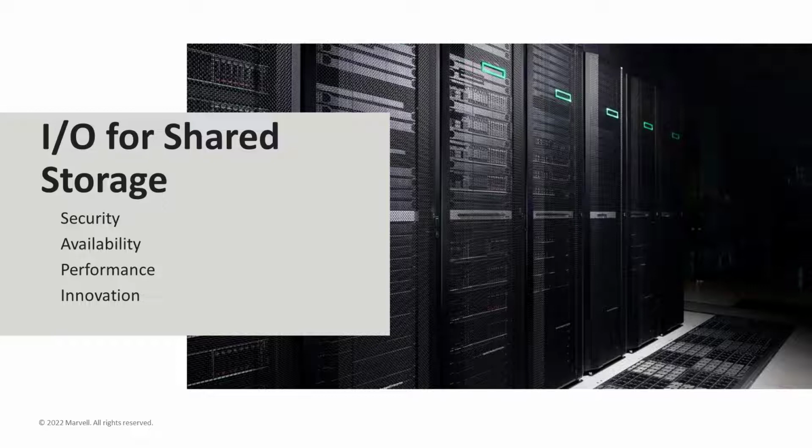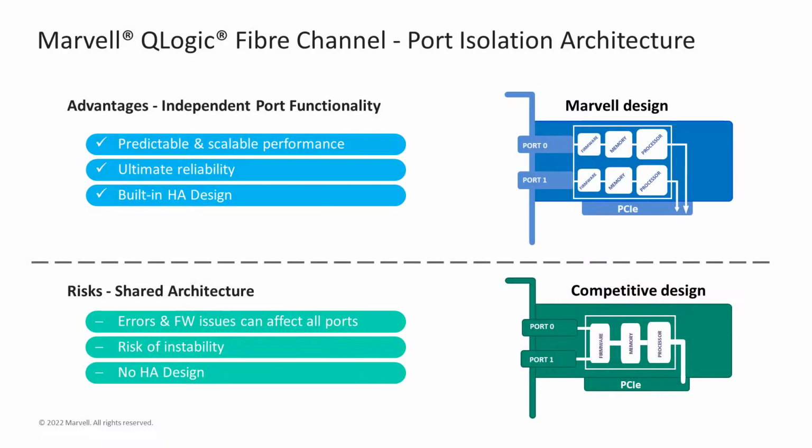The question is, how can you ensure predictable performance with Fibre Channel infrastructure? Well, it starts with the architecture within the HBA you choose. Today, there are two major Fibre Channel suppliers with two very different design architectures. The port isolation architecture shown on the top here is used in Marvell QLogic Fibre Channel HBAs, and this provides dedicated processor, memory, and firmware resources for each port on the adapter.